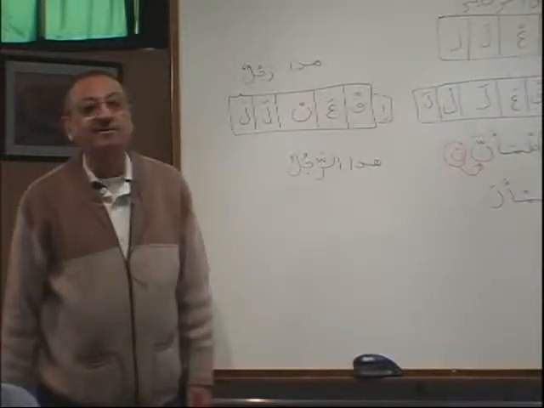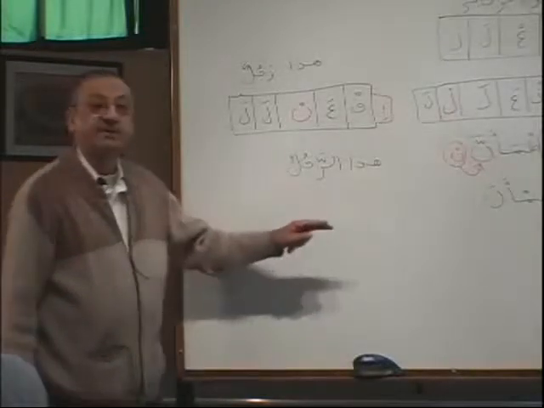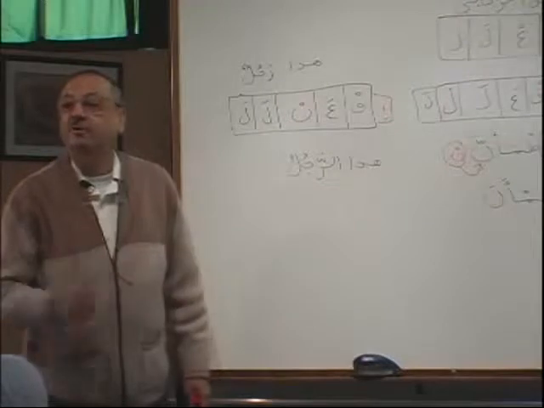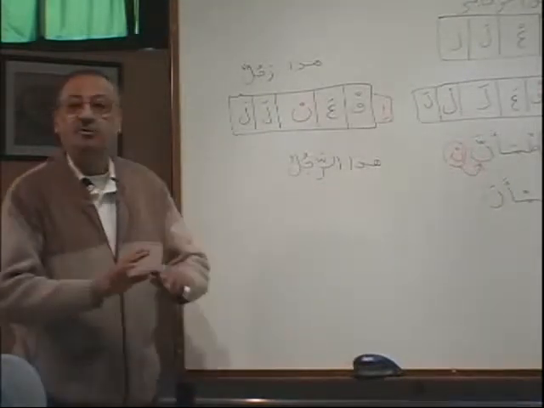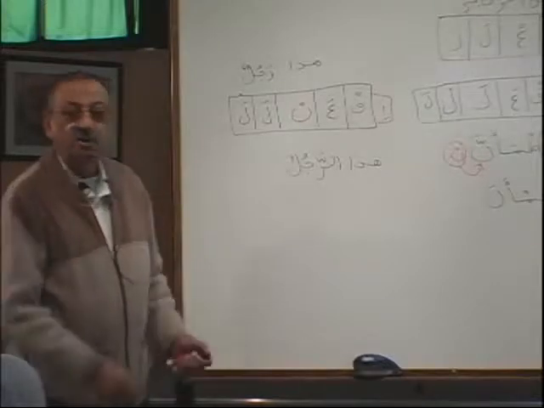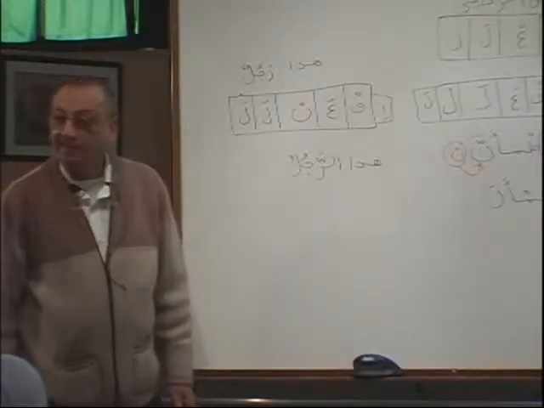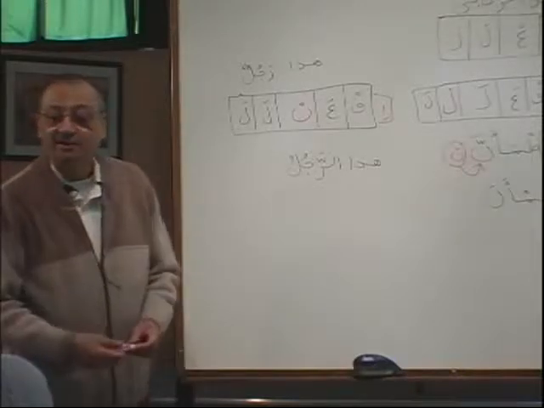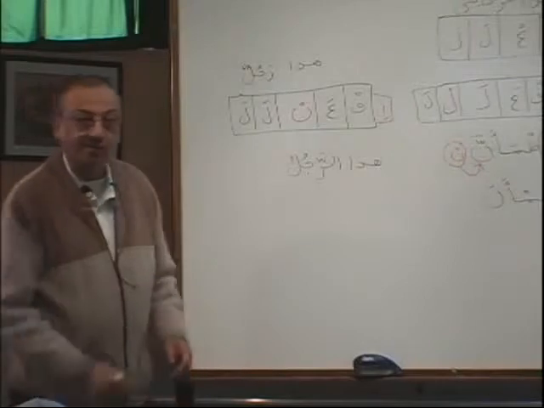Which is the correct translation? Huh? Because if you say this is badal, then you are waiting for the news. Okay? So in order to remove the ambiguity, we bring in a damir, which is called damirul fasli. What is it called? Damirul fasli. Now this will come in the Quran all the time.